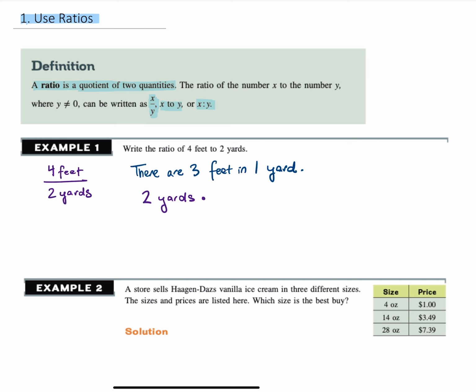In general, you want to set up a multiplication, and I'm saying there's 3 feet in 1 yard. So the trick is to put the unit that you want to convert to on top. Like I want to convert to feet, so I'm going to say 3 feet on top here. And then the unit that you want to cancel on the bottom. There's 3 feet to every 1 yard.